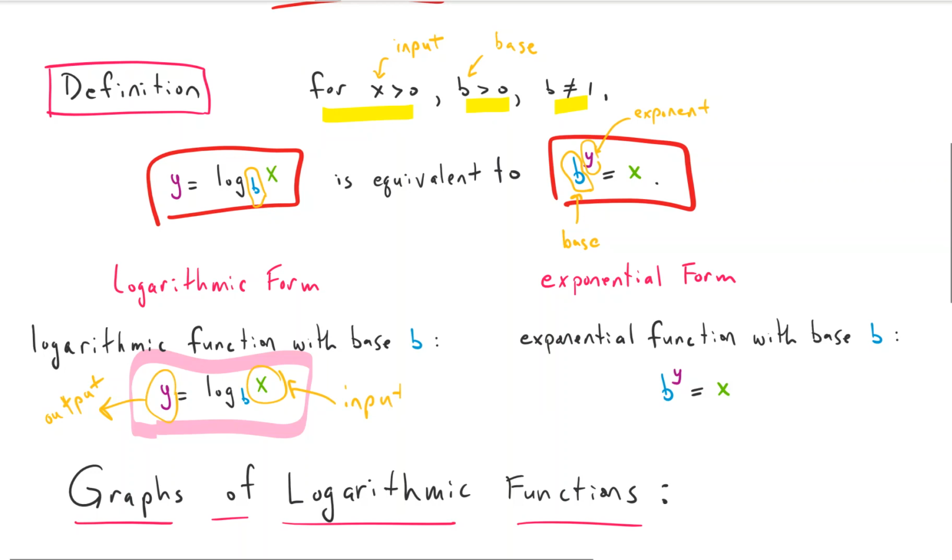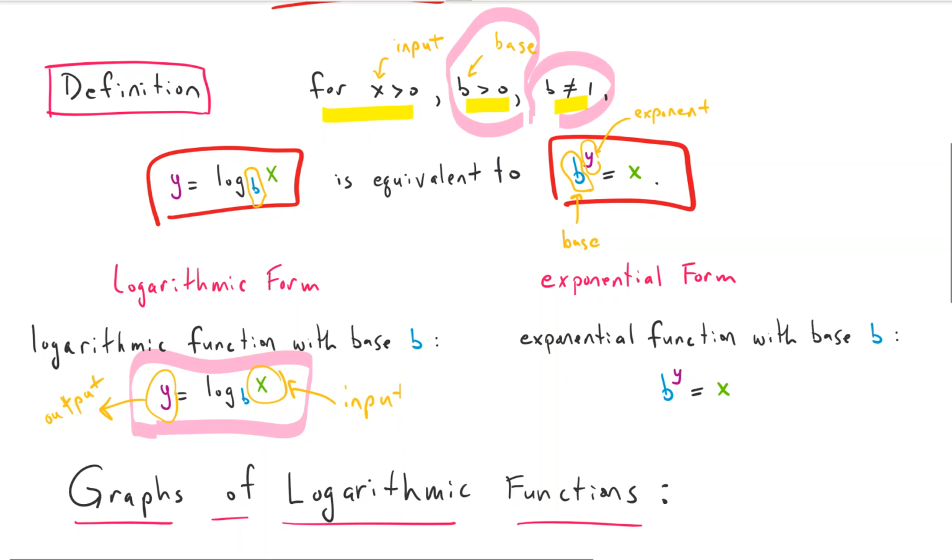And b is just your base, and that's given. So x and y will still be variables, but b won't be a variable in an equation that's given to you. It could be 2, it could be anything, again from up here in our definition, anything that's bigger than 0 but not equal to 1.